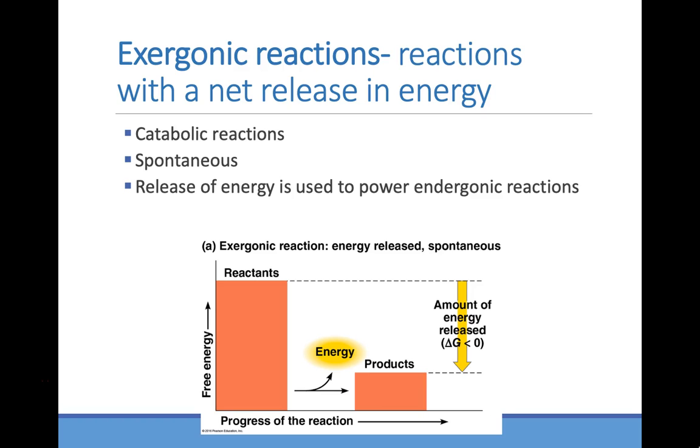This energy is called free energy, and it is symbolized by the symbol delta G. So delta G represents the amount of energy that is released when we convert our reactants into our products. In an exergonic reaction, delta G is always going to be negative because there was a loss of energy from the reactants, a loss of energy from the system.